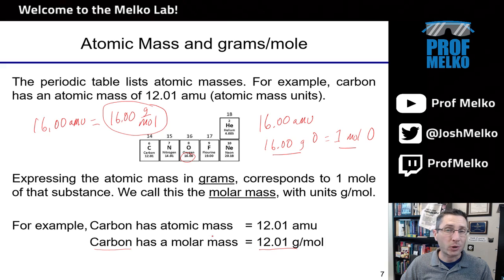So for 6.02 times 10 to the 23rd atoms of carbon, or 1 mole of carbon, there's 12.01 grams of carbon. These masses are going to become important when we start doing conversions from grams to moles, or grams to atoms, or grams to molecules. So just recognize these periodic table values also have the units grams per mole, in addition to AMU, or atomic mass units.